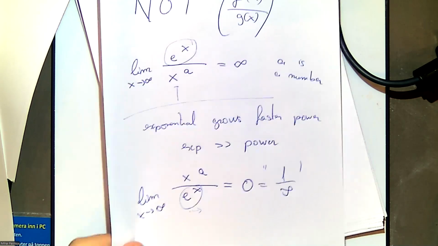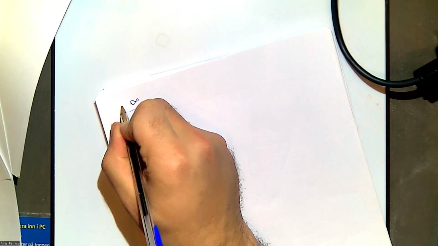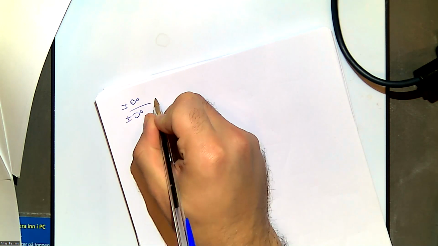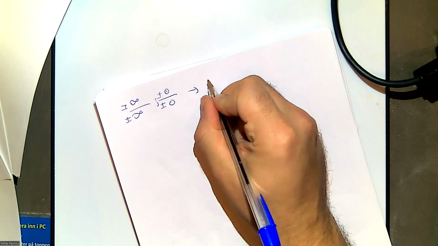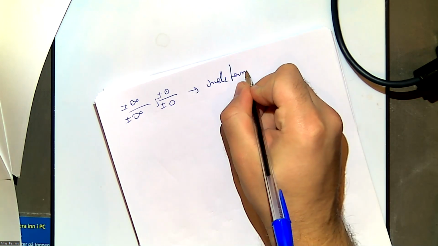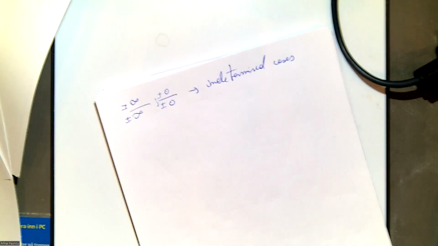these cases, infinity over infinity and 0 over 0 cases, are called indeterminate cases. Because without proof, you can't argue with me.